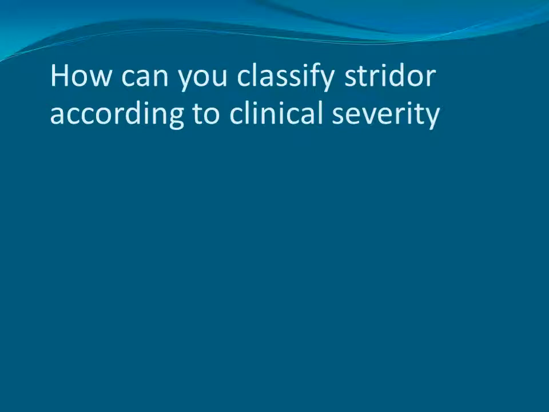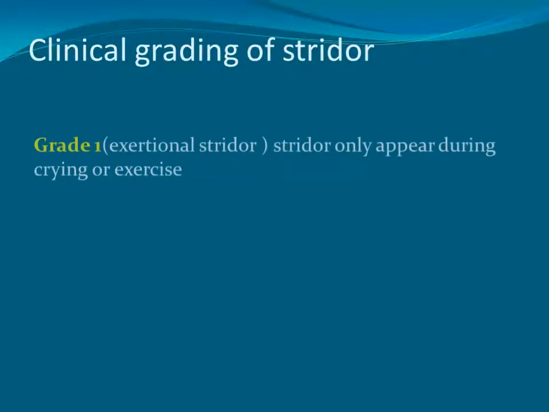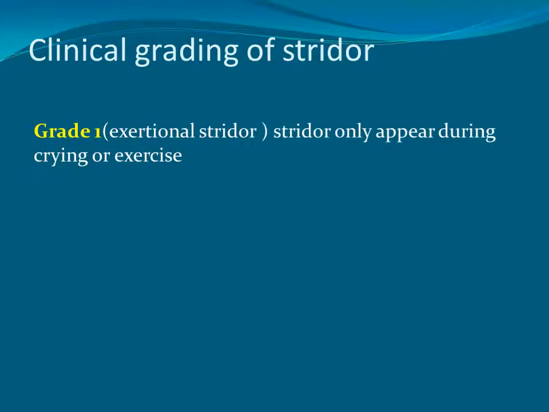How can you classify stridor according to clinical severity? When a child comes with stridor, you grade the severity. Grade 1 is exertional stridor: stridor appears only during exercise or crying.